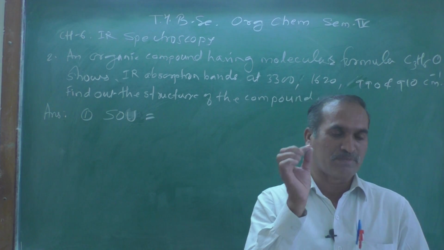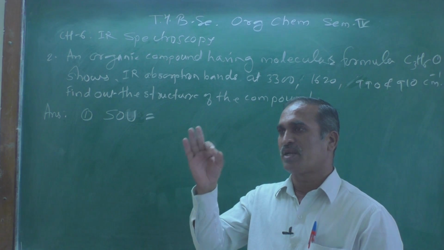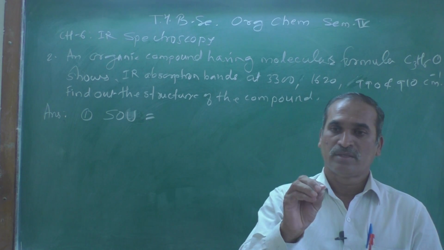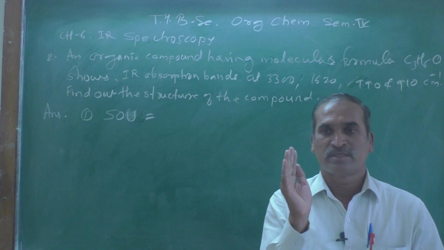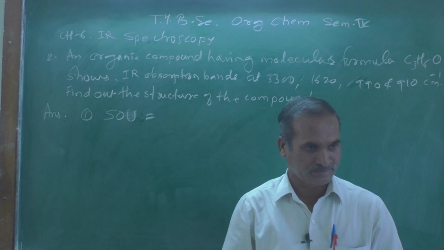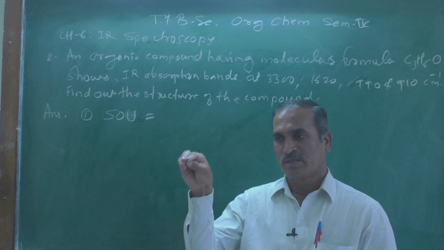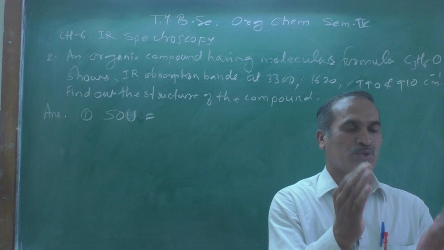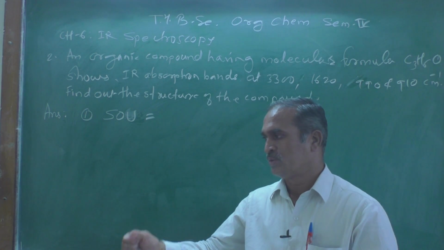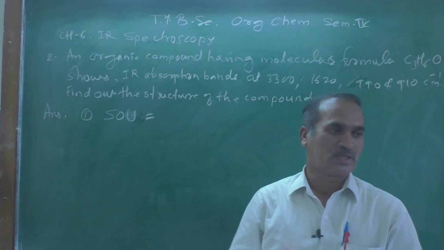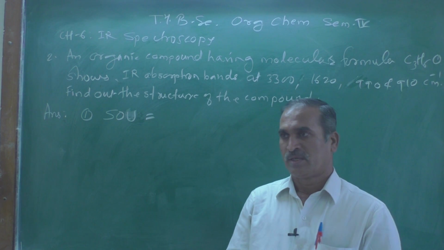In the first method, each oxygen and sulfur atom is neglected. Means if they are present in the given organic compound, you just neglect them, or you do not consider them.